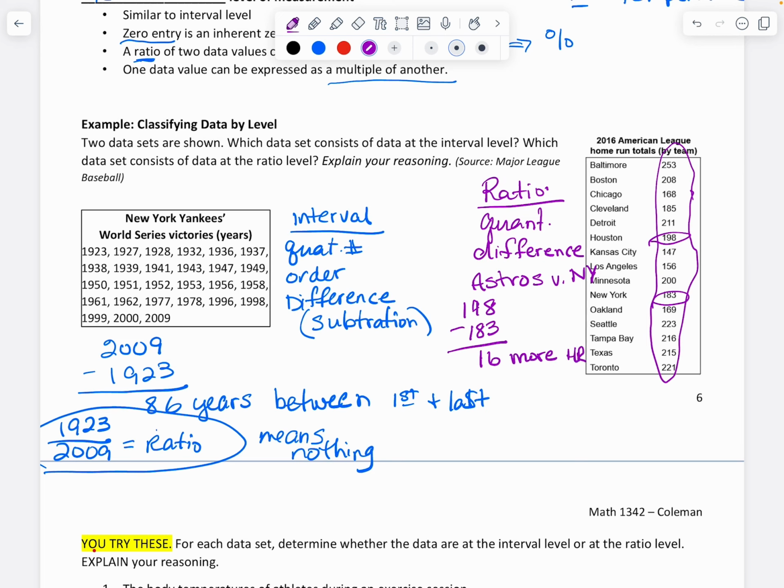That means something. That's a quantity we can talk about.